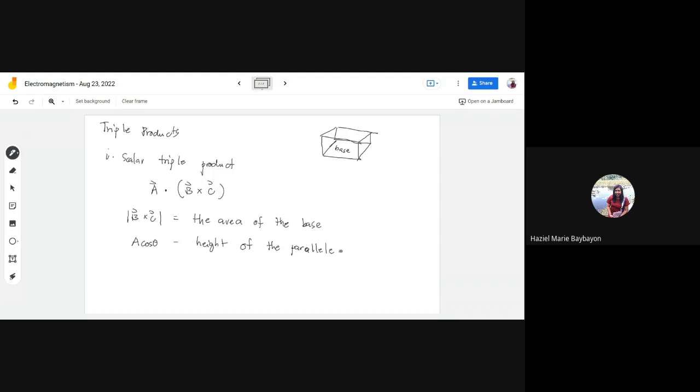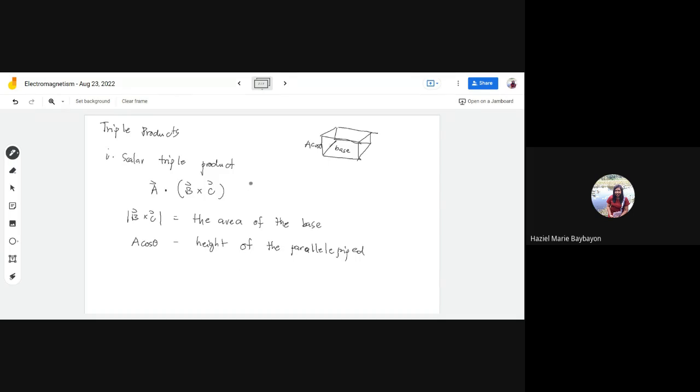That's the spelling of parallelepiped, class. Parallelepiped. Okay? So this height here is equal to A cosine theta.